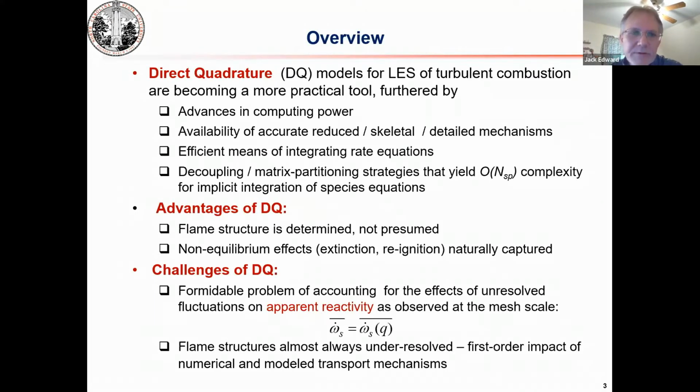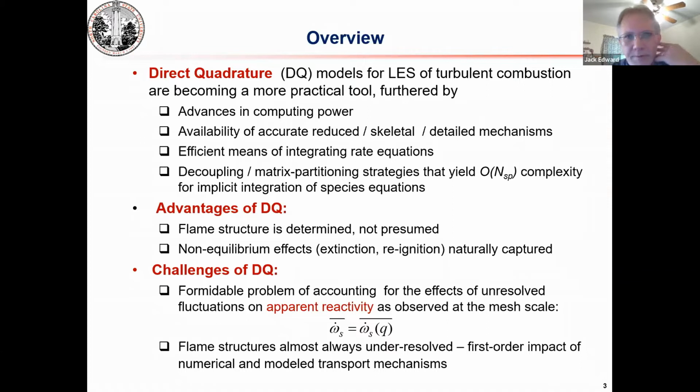But the basic premise of this is that finite rate chemistry or direct quadrature methods for LES are becoming more practical. And that's because obviously we have more computing power. We also have a lot of effort on accurate, smaller scale reaction mechanisms.